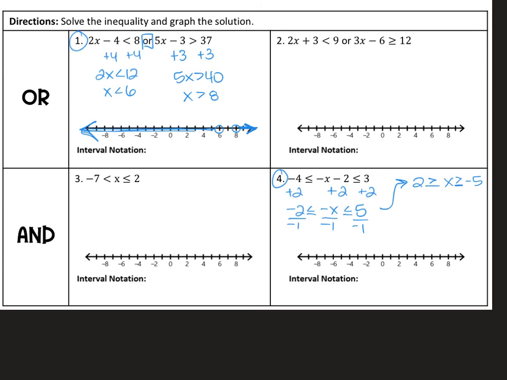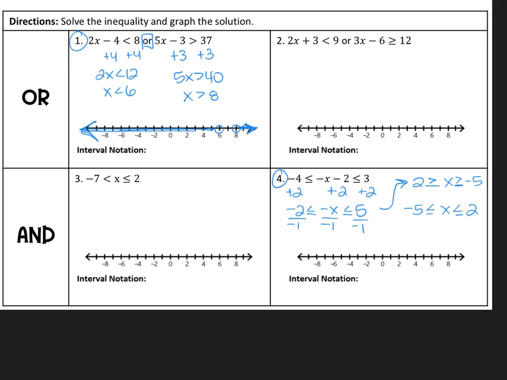So let's kind of reverse this. So we're going from the most negative number to the most positive number. So -5 is less than or equal to x is less than or equal to 2.